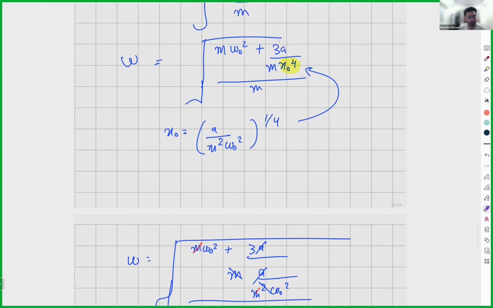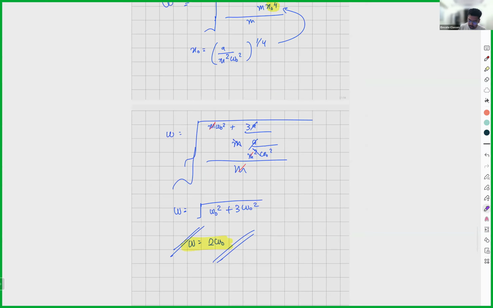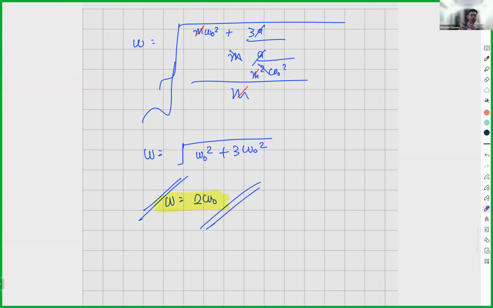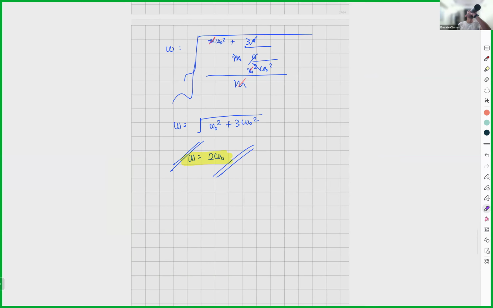So this was the method, and you can simplify it to get omega is equal to 2 times omega naught. Omega naught was a constant given in the potential energy, right? Even if you don't understand this particular approach, there is a simpler method to do the calculation. So next we'll be discussing that only.